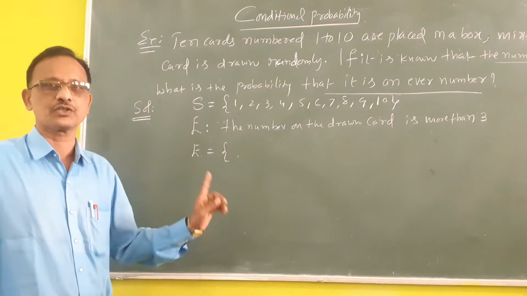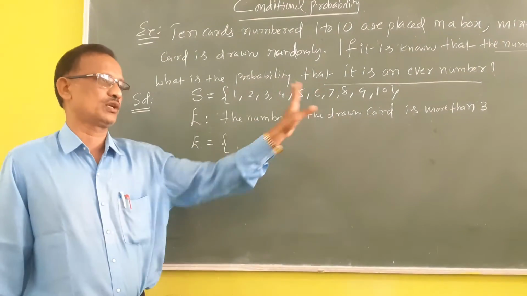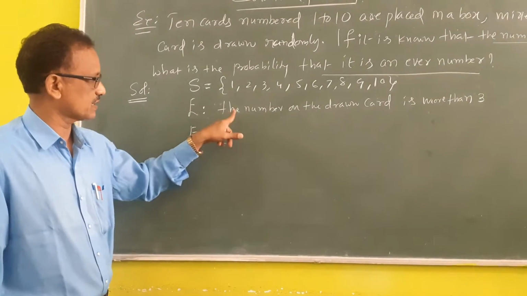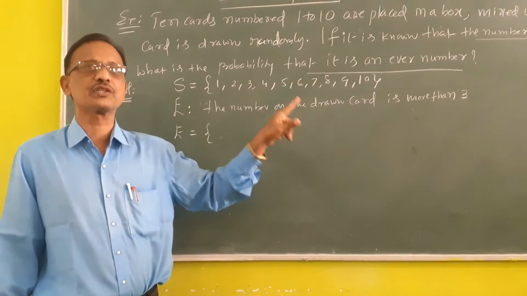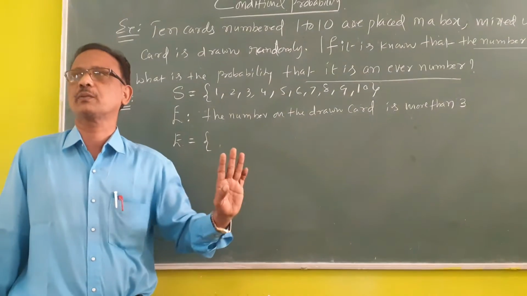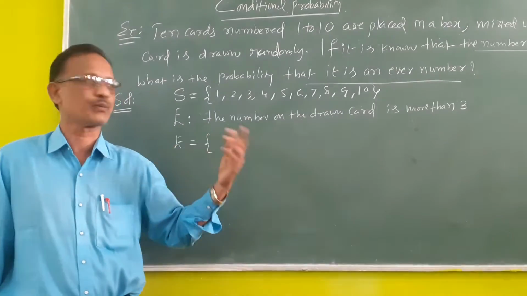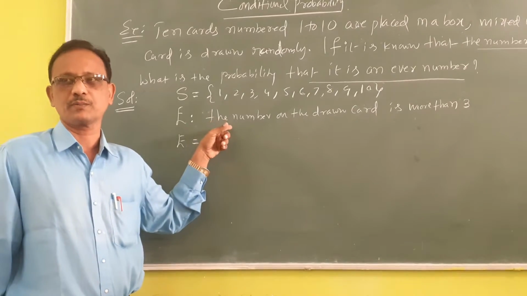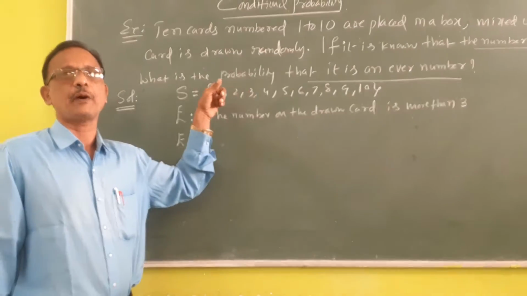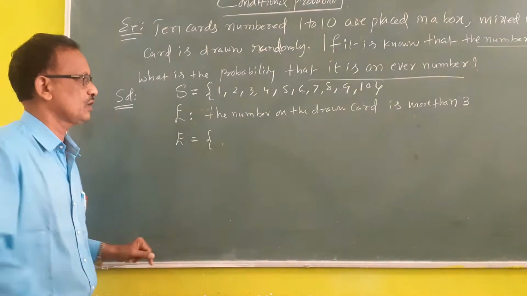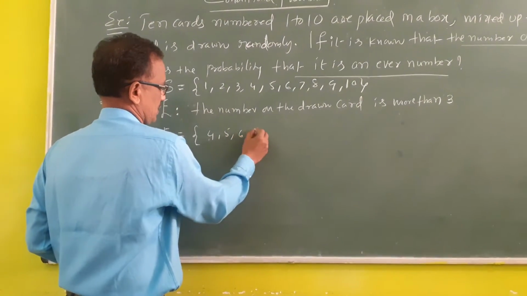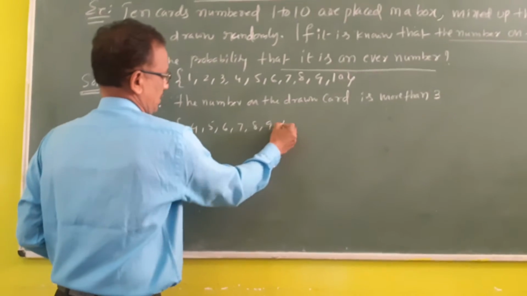Now the event is that the number on the drawn card is more than 3. What are the favorable outcomes to this event in the possible outcomes? More than 3: 4, 5, 6, 7, 8, 9, 10.